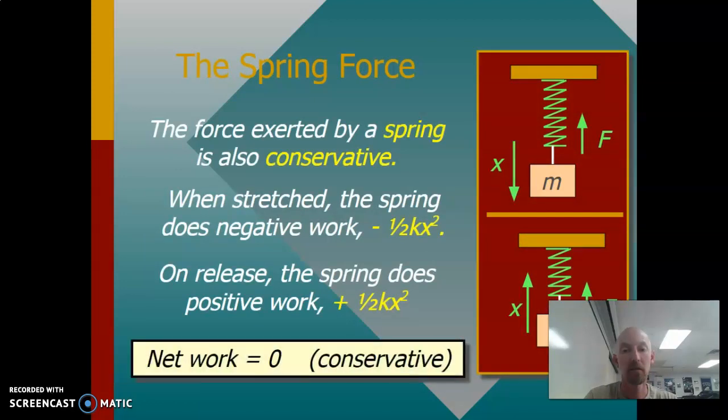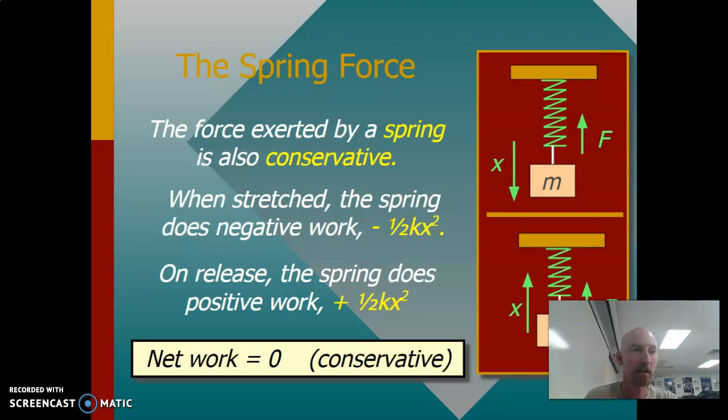Springs. Dear Lord, springs are a pain in the rear. Another example of conservativeness. Is that a word? Being conservative. Yes, springs can oscillate up and down, so going one way will be positive, going the other way will be negative. If you remember, there's this equation, F equals kx.